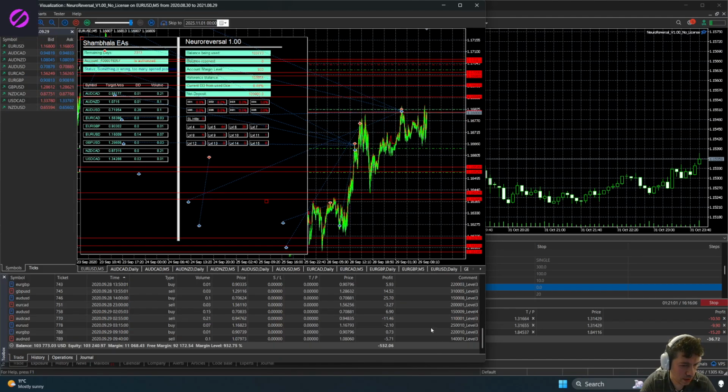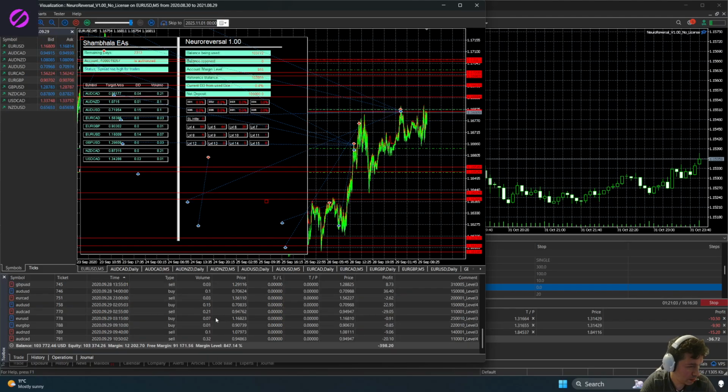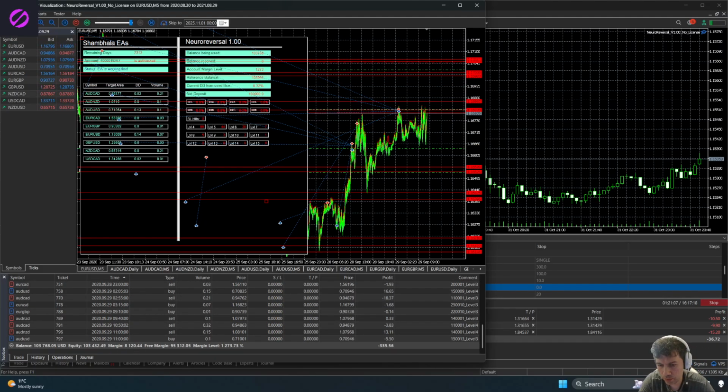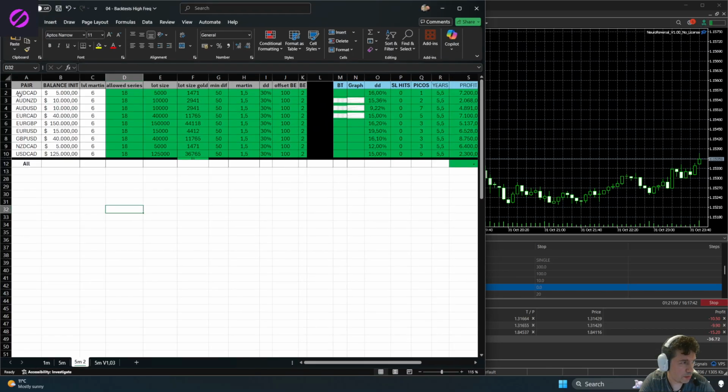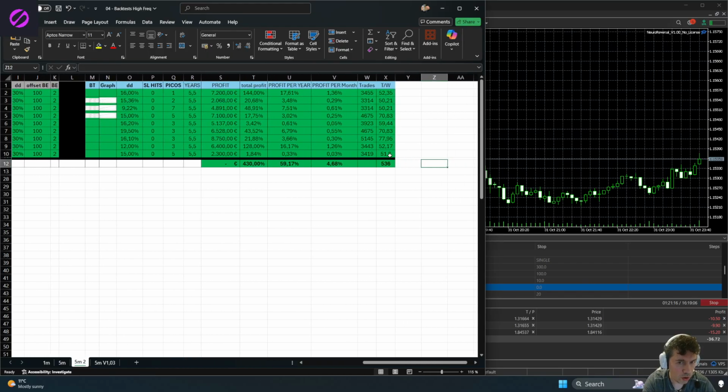Now here we are in a bit of drawdown, but you can see I have done some individual backtesting per symbol, and these were my results. But in theory, if you run all the symbols with not very big drawdown, you can reach above 4% average per month profit.